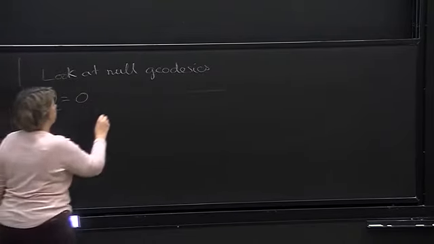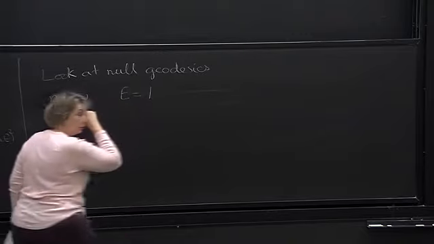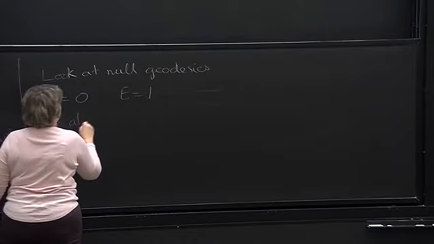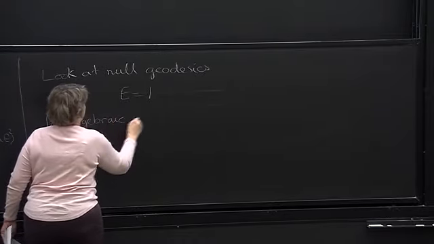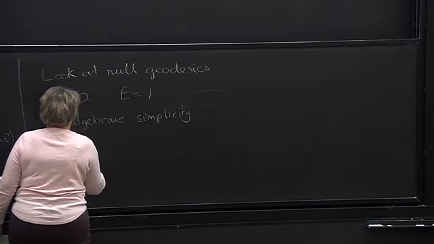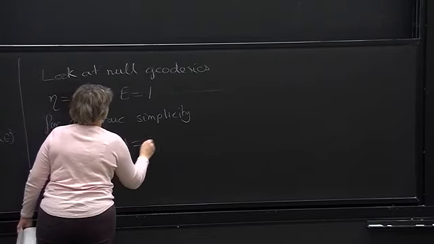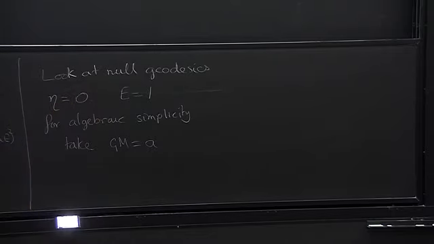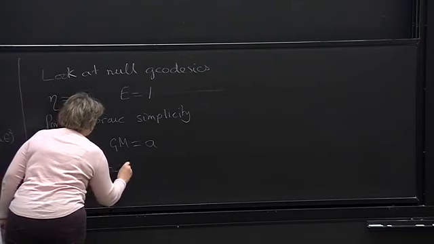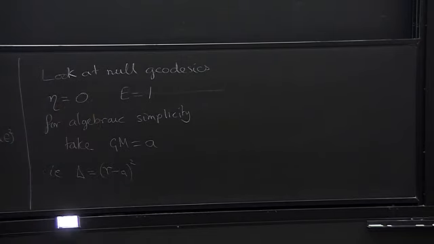We can rescale the affine parameter to set E equals 1. And just for algebraic simplicity, I'm going to take GM equals a. So when GM equals a, delta now factorizes as a perfect square, and this is known as the extremal limit.